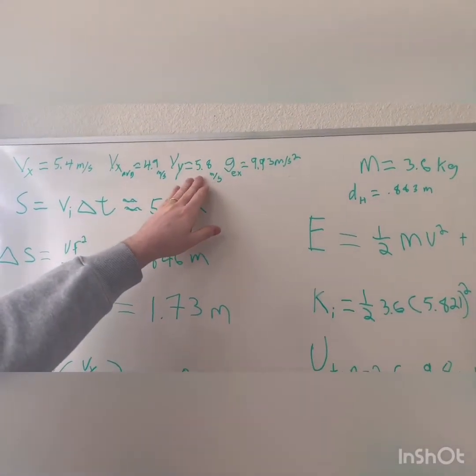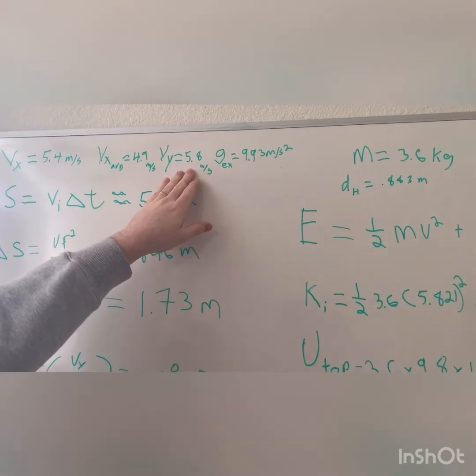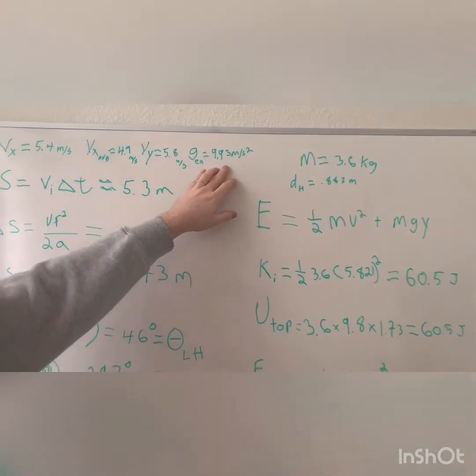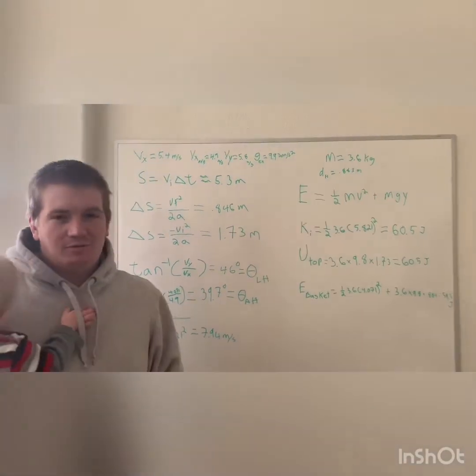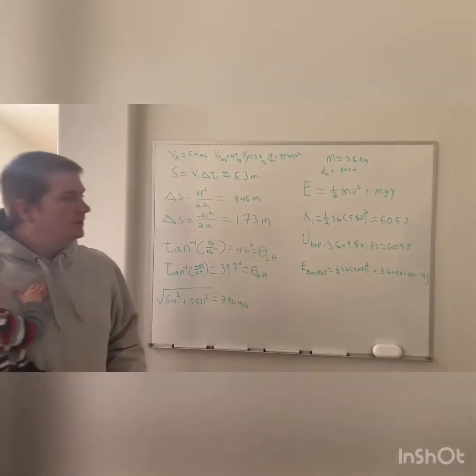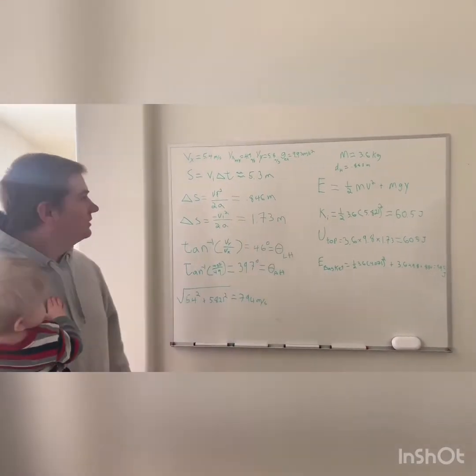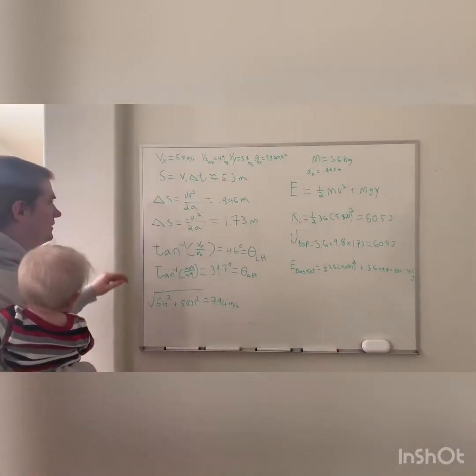But the Y left at 5.8 meters per second, and from that I was able to get the gravity of about 9.93. So this is within 1% of what it actually is, so I was pretty happy about that.